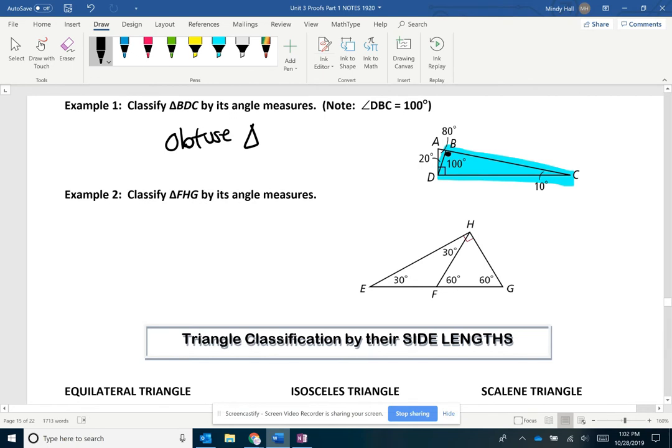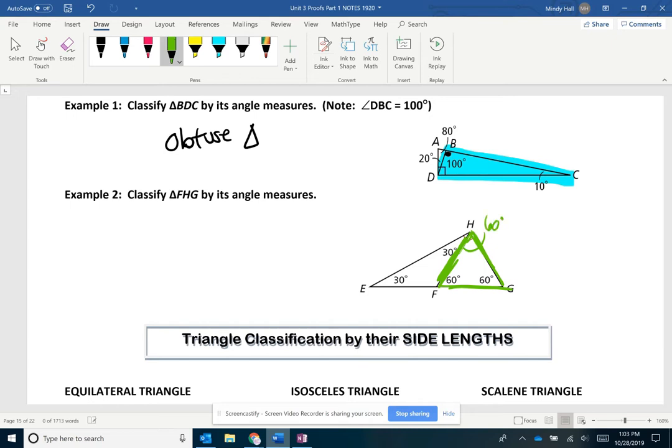So then, if we want to classify triangle FHG, we're going to go from F to H to G. But notice with the 2 angles at the bottom, those are both 60 degrees. And in a triangle, everything adds up to 180. So that means that this angle up here is also 60 degrees.